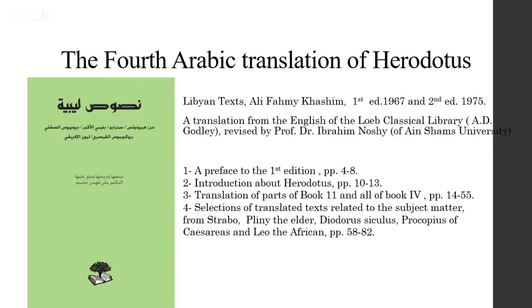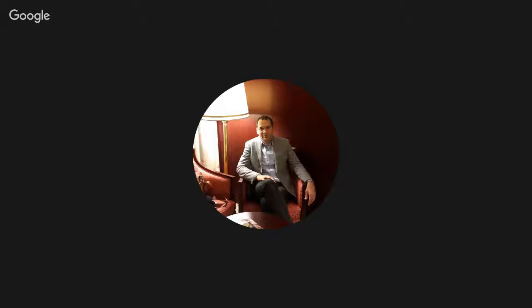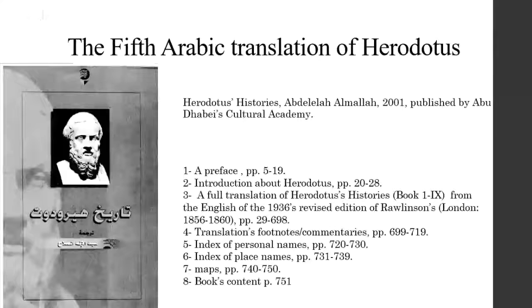The fifth translation was done by Abdullah al-Mallah in 2001, and this translation is the only full translation of the whole work, from book 1 to book 9 of the Histories of Herodotus.